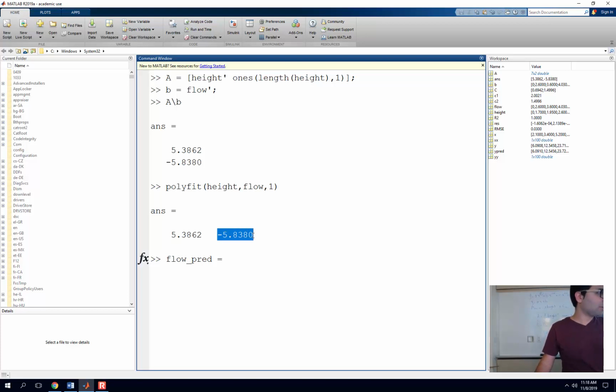A times height, or C1 times height plus C2. So that would be C1 times height plus C2, or in this case, that's a negative sign. That's my prediction.